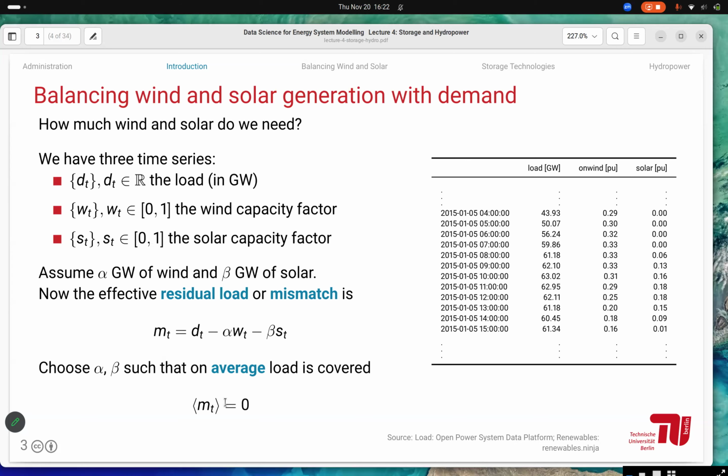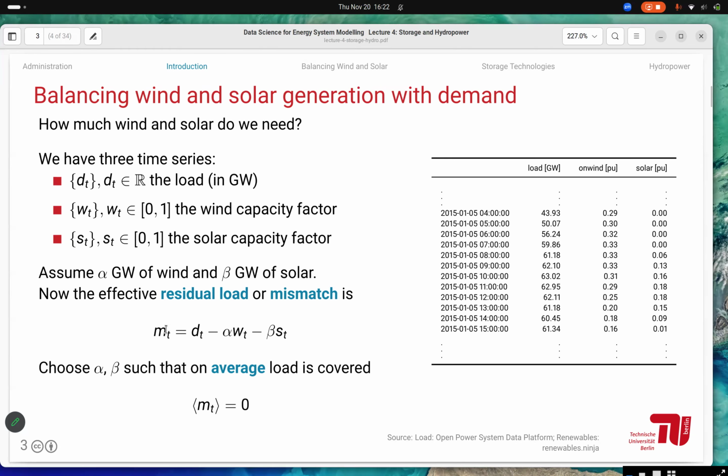And that will give us a so-called mismatch time series, where we have some demand, and subtract from that alpha times our wind time series at T, or beta times our solar time series at T. So it's really just our capacity factors scaled by some capacity, which will give us units in gigawatts, the same as the load.